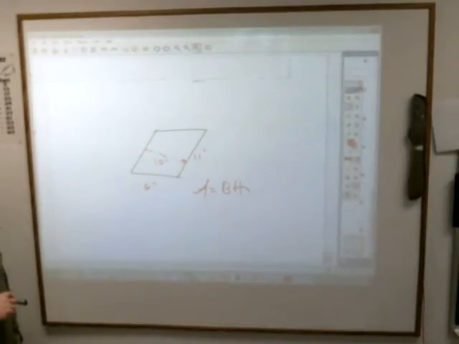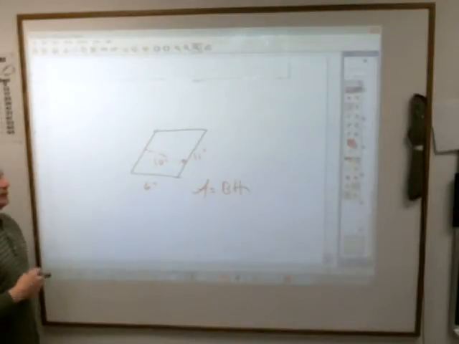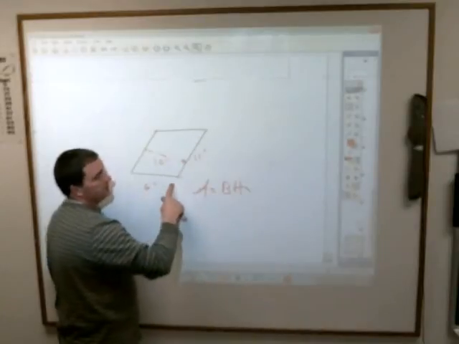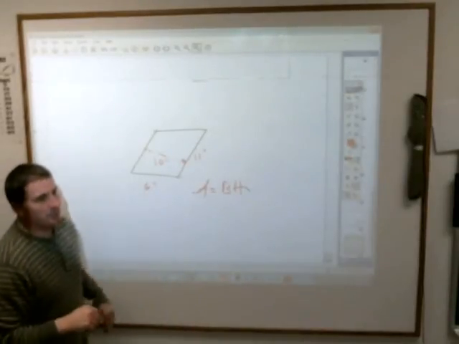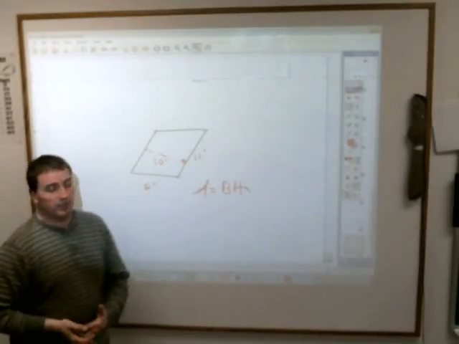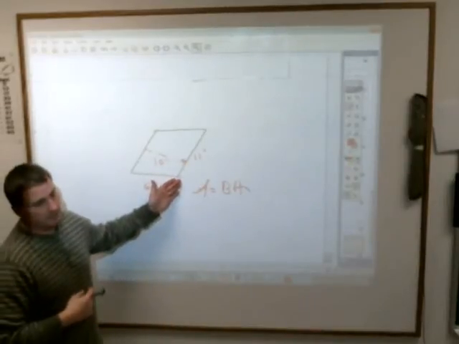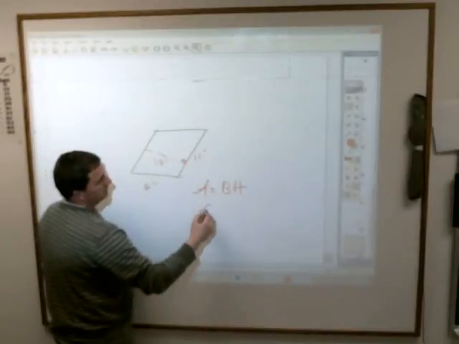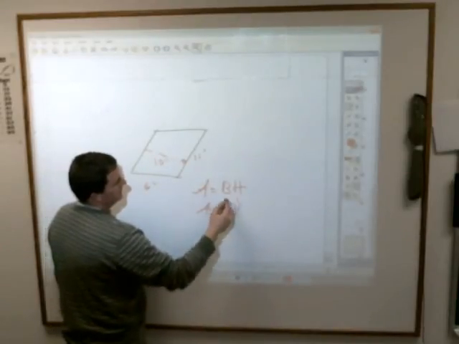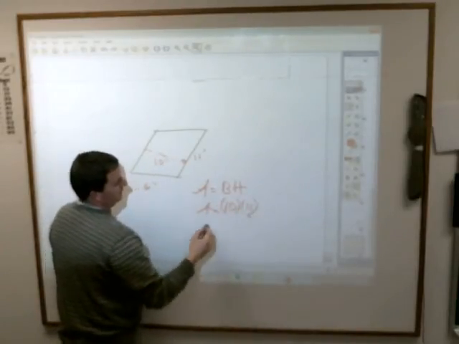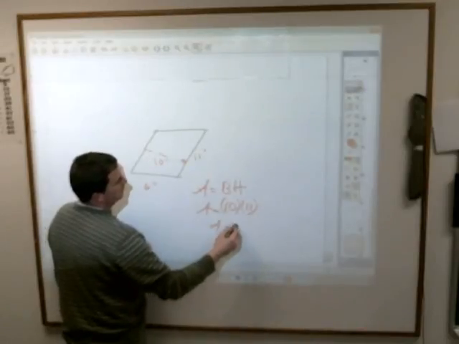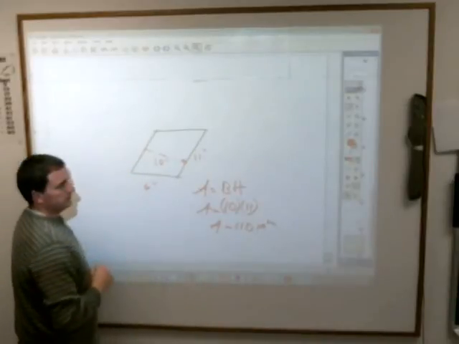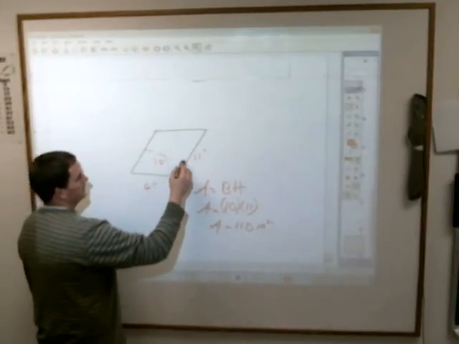Jacob? The 10 inch and the 11. Correct, because they are the two that form the right angle. Get it out of your mind right now that base always means bottom, because it doesn't. It always means the two lines that form the right angle, and that would be 10 times 11. Area of this would be 110 inches squared.